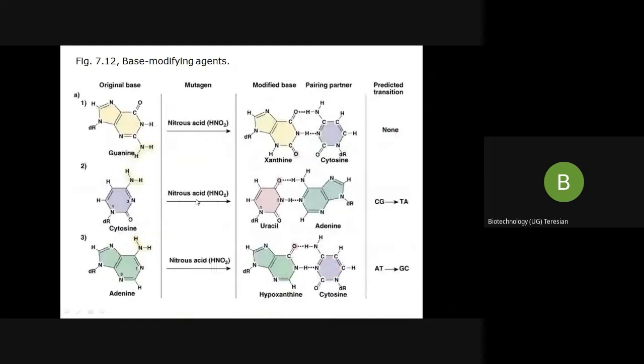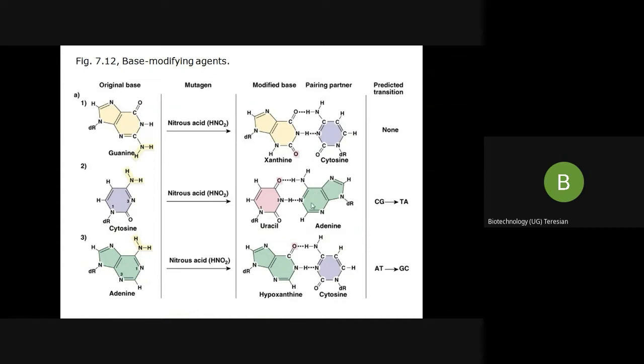In the second example, you can see we have the cytosine, and when the nitrous acid, which is a mutagen, reacts with the cytosine at this region, it gets converted into uracil. We said that uracil, in DNA, is an analog of thymine.